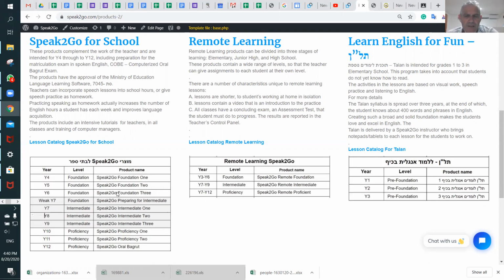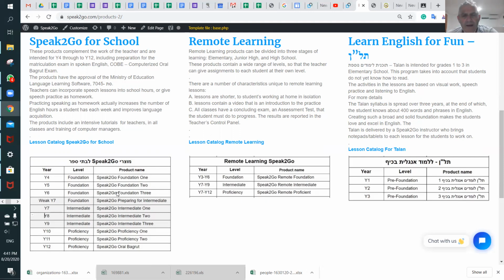By saying students, the way we work is we are giving product for groups of students, a teaching group that you are preparing in your school, and we can allocate more than one product per group.